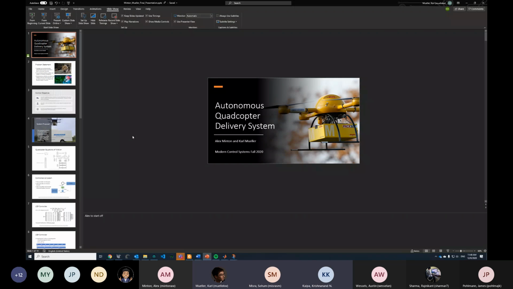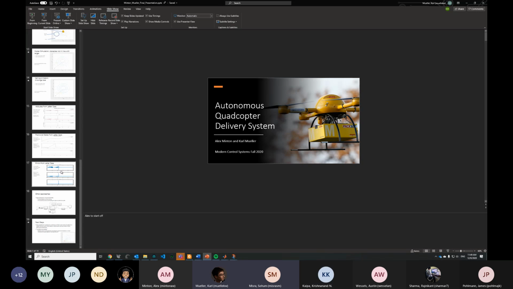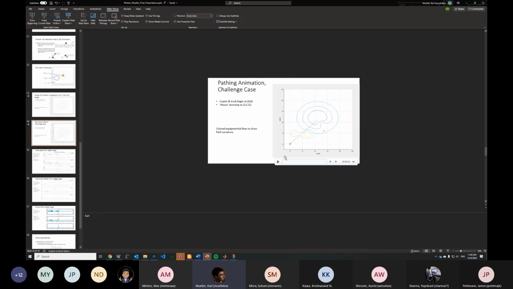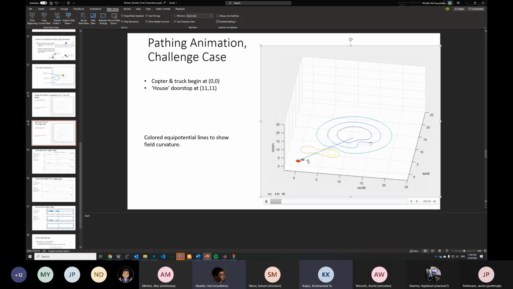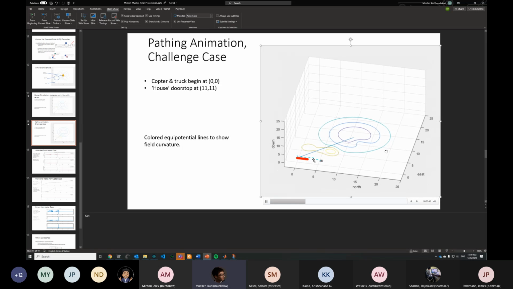Okay. And what if there's an obstacle in the path of the return from the house to the truck? If we go back to this animation, this one shows it somewhat well. Essentially, the tiny vectors that are being applied to the quadcopter position that set the new waypoints are influenced by the position of the goal, and also the potential field.